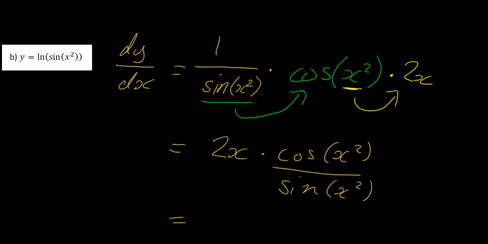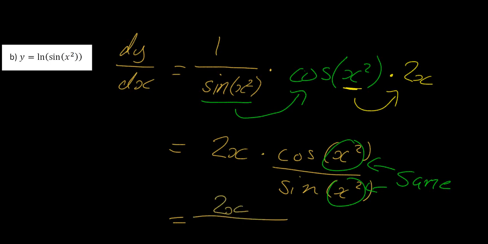Since these two have the same angle, you can combine the cos and sine over here, and recognize that you have 2x on tan instead.